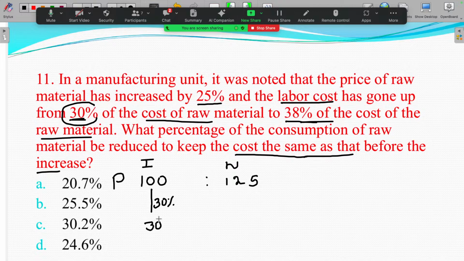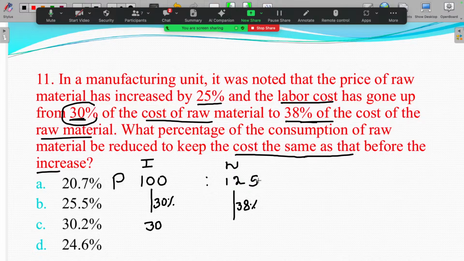Now it has increased to 38 percent of the cost of raw material, 38 percent of 125. Can anyone tell what is 38 percent of 125? Reply, all online students.